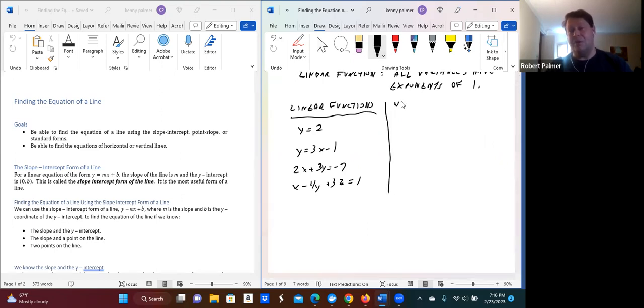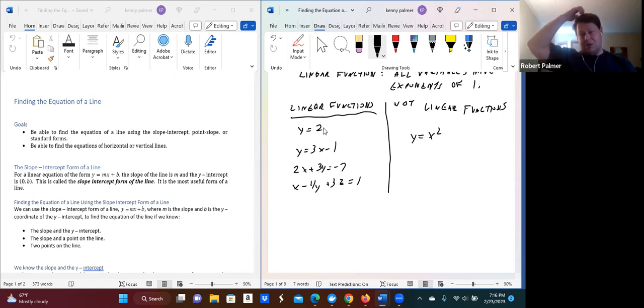Now, the things that are not linear functions would be, for example, if anything is squared, so y equals x squared. This is the graph of a parabola, or maybe y equals the square root of x plus 2.